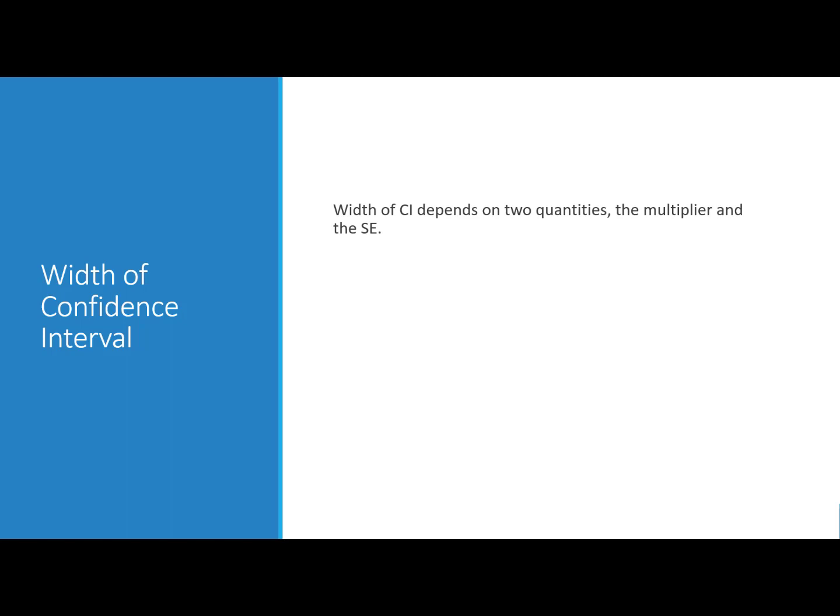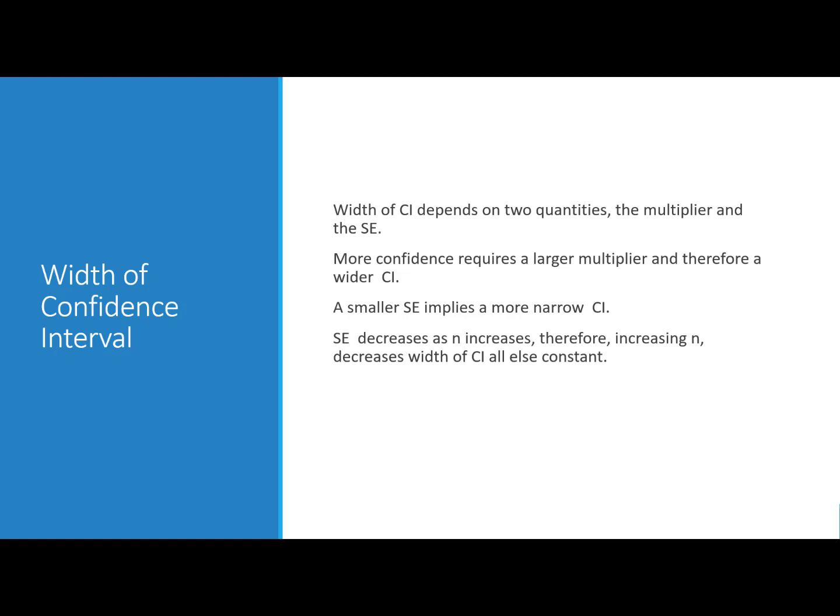So the width of the confidence interval depends on two quantities, the multiplier and the standard error. More confidence requires a larger multiplier and therefore a wider confidence interval. A smaller standard error implies a more narrow confidence interval. Standard error decreases as n, or sample size, increases.